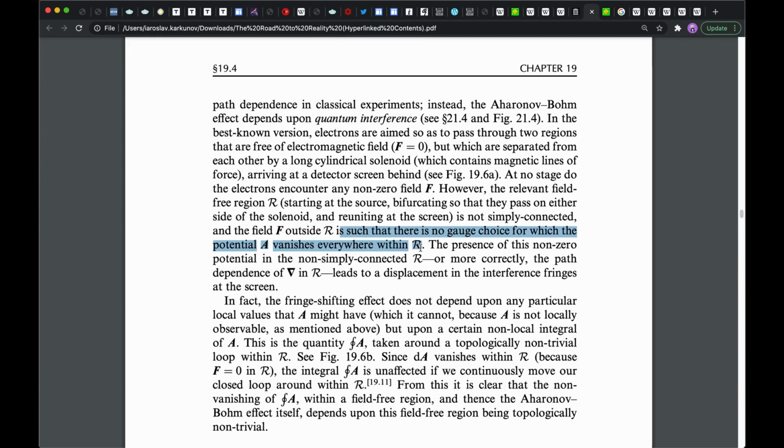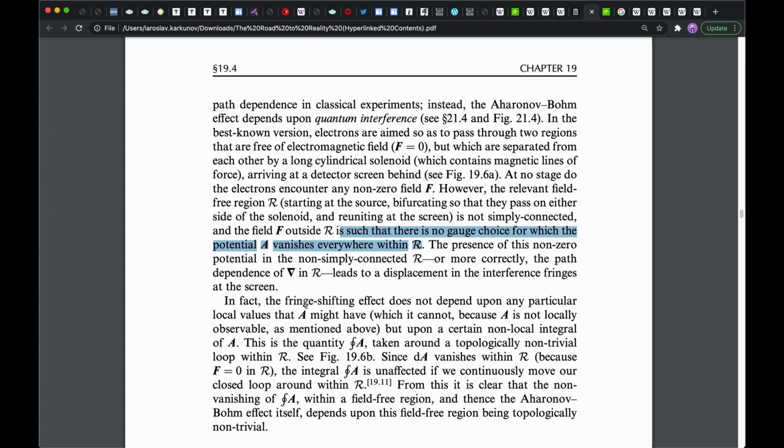And the presence of this non-zero potential in non-simply connected R, or more correctly the path dependence of our bundle connection in R, leads to displacement in the interference fringes on the screen.